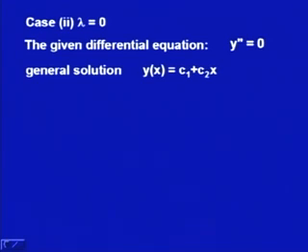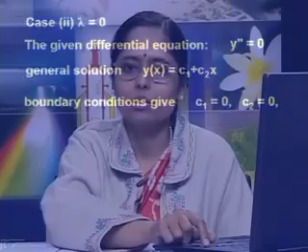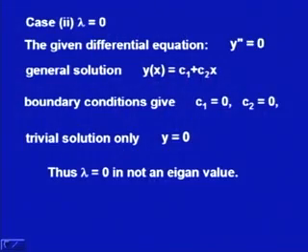Now, if I try the boundary conditions, at x equal to 0 I will get C1 equal to 0, and at x equal to pi I would get C1 plus C2 pi equal to 0. C1 is already 0, pi is not 0, which gives C2 equal to 0. That is, at lambda equal to 0, the boundary conditions provide only the trivial solution where both C1 and C2 are 0. So, we get only the trivial solution, thus lambda equal to 0 is not an eigenvalue.